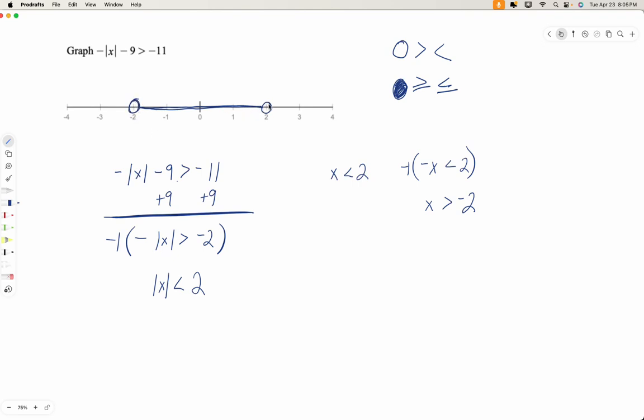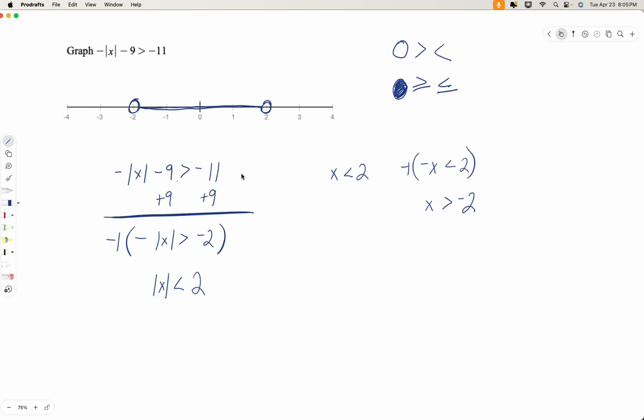Open circles. If you got the right numbers and you solved it correctly and you got here and then you gave me a dot on that 2, that's the wrong answer. You went through all of this for nothing if you can't graph it right. You have to leave an open circle.